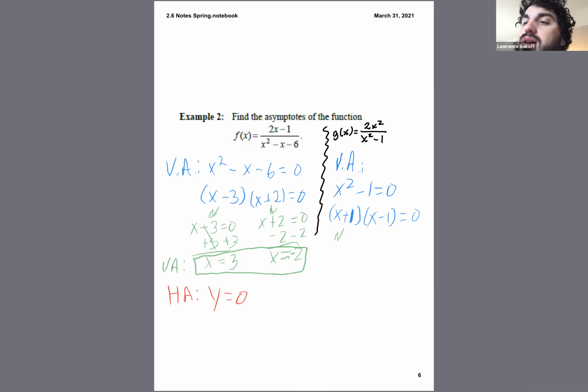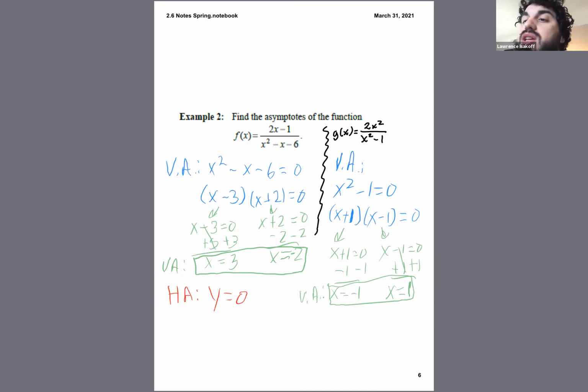Split them. x plus 1 equals 0, x minus 1 equals 0. x equals negative 1 and x equals positive 1 in this case. So those are my vertical asymptotes.